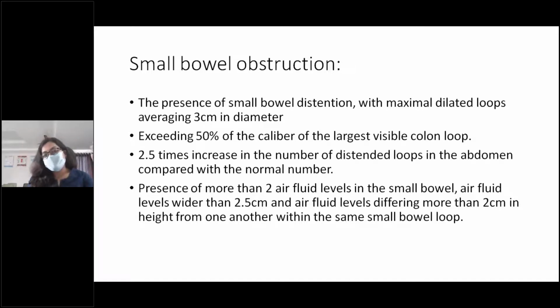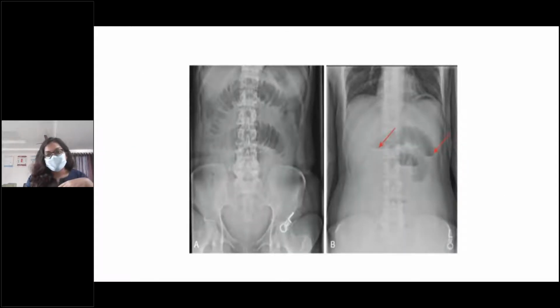All these features we can see in the X-ray in case of small bowel obstruction. In these images, we can see the colon cutoff sign and also the air fluid levels. The picture on the left, I mean radiological left, not normal left.